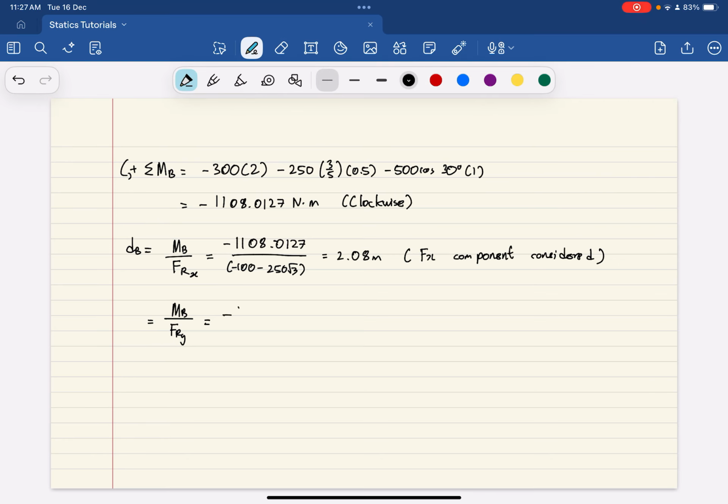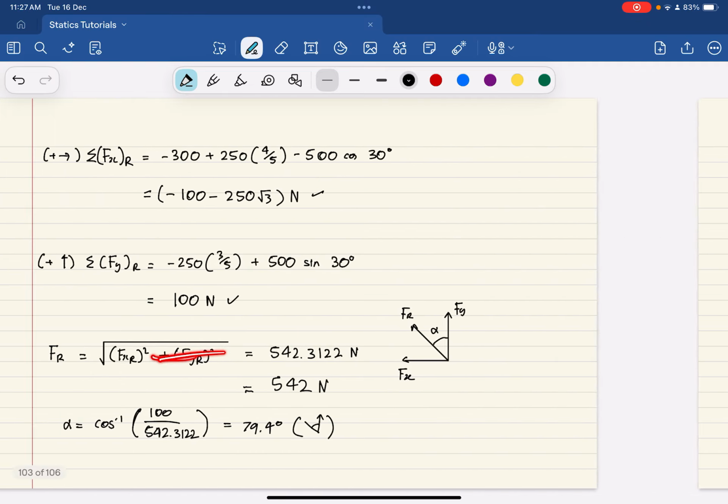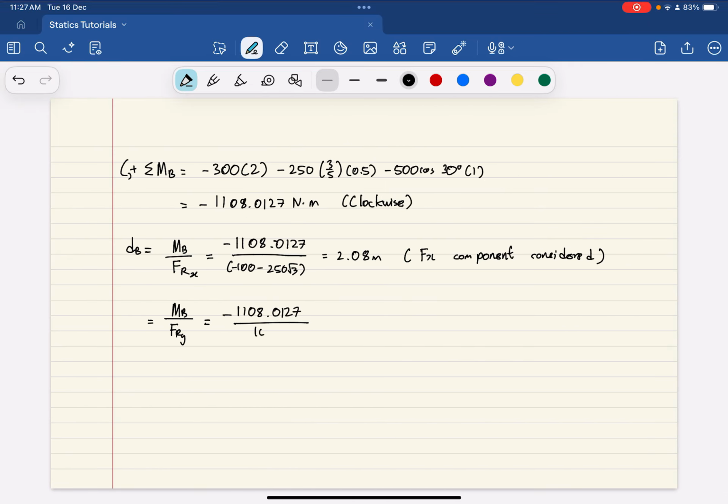Okay, so I'm having a bit of trouble writing, but 0.00127 over 100 newtons. So when we divide it by 100 newtons, we'll end up having negative 11. Negative 11 wouldn't make any sense, right?